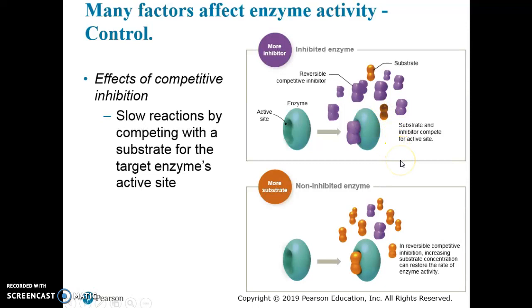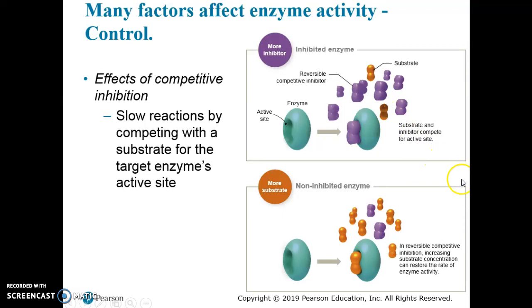In competitive inhibition, there is a competitor that competes for the active site, and it's the purple piece here. The purple piece fits just right into the active site and blocks the substrate from getting in, and so the action doesn't occur. The enzyme activity is inhibited, and that's if you have more competitor than you do substrate.